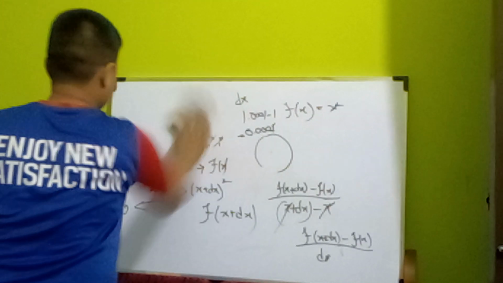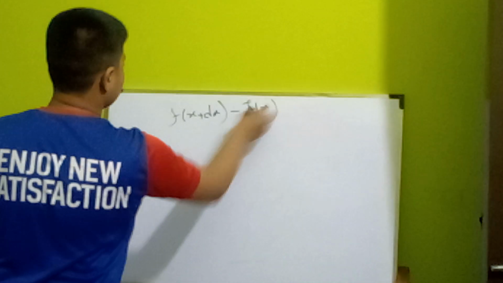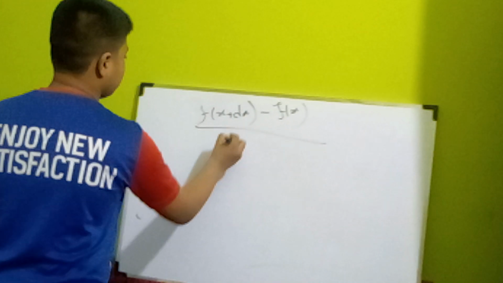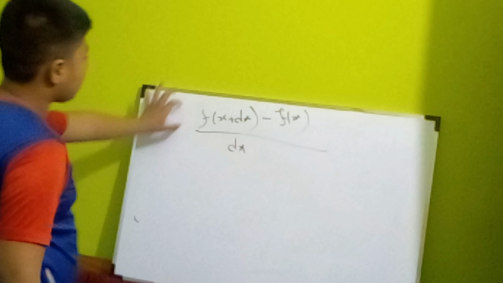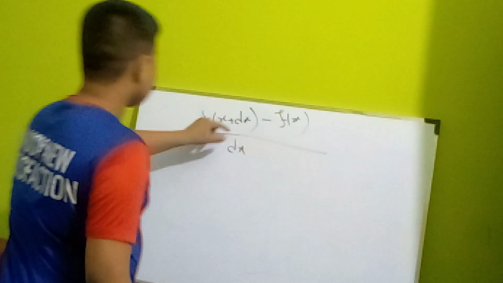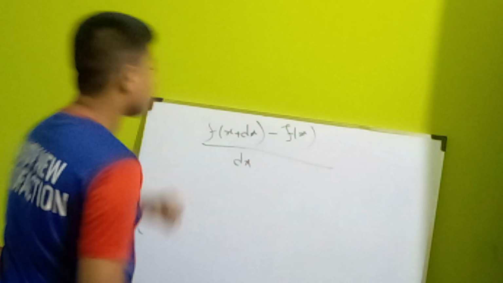Write it here. Minus f of x divided by dx. Now you may notice another thing, that this whole thing is a little bit off by f of x.